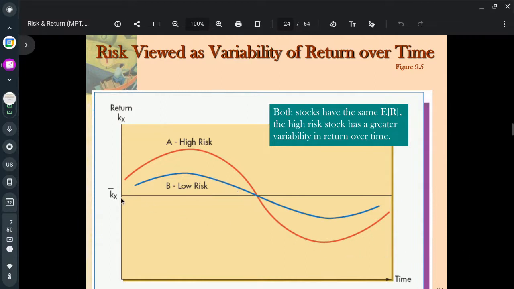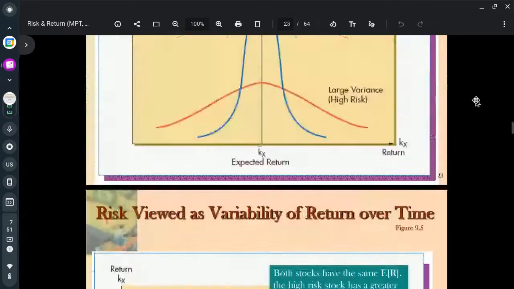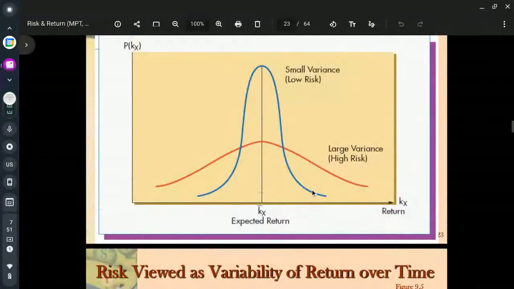Because over time, there is a time the stocks have positive returns, the right side of the distribution above the mean.